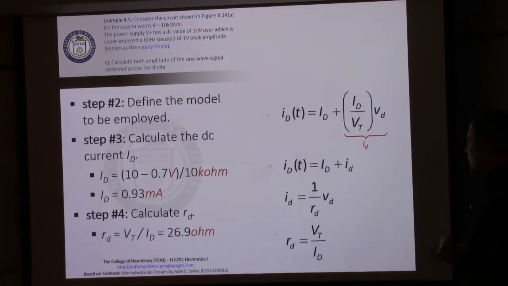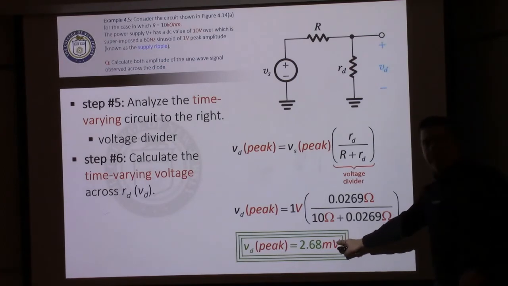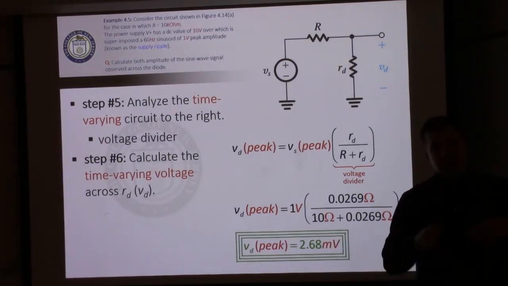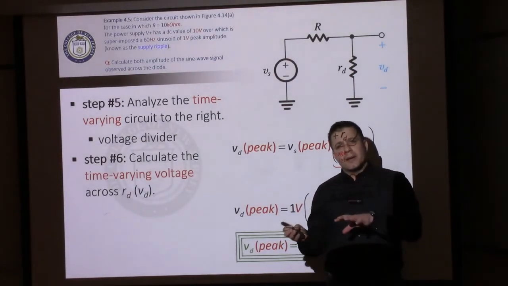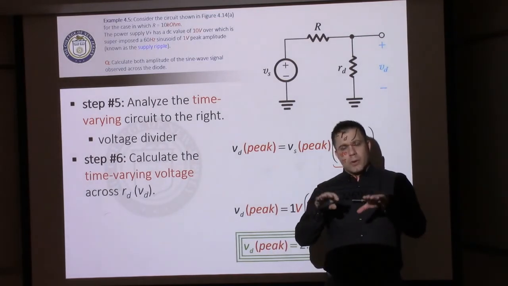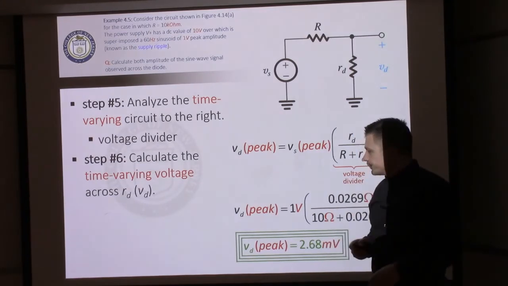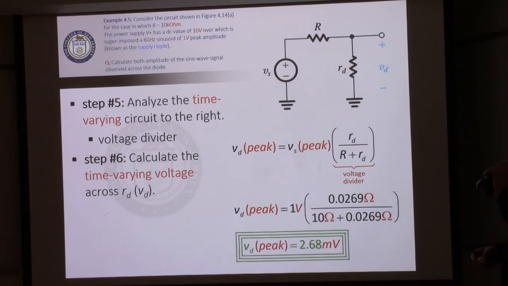It's going to be only 2.68 millivolts. So one thing that we'll see as we move into the next section is that the diode has the ability to regulate voltage in order to reduce or remove ripples from a signal. And that can be very advantageous for a lot of different applications.